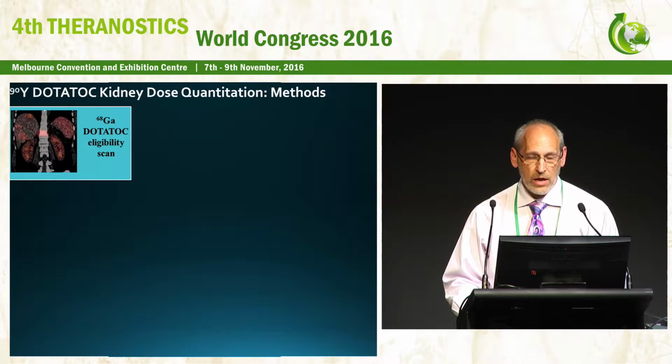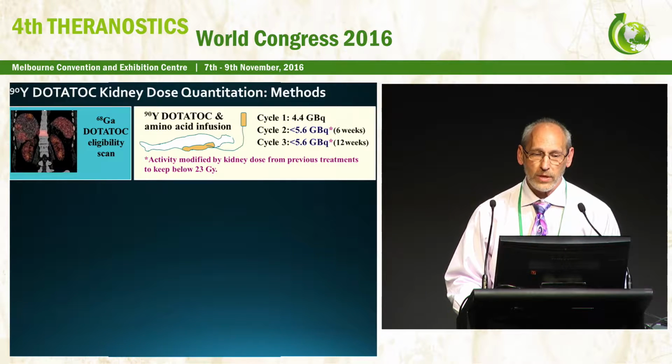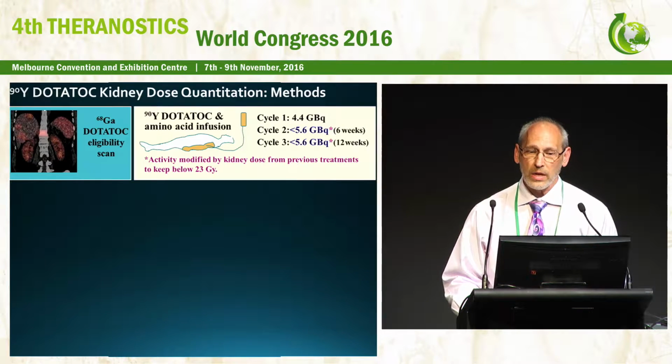Here are our methods. This is how we functionally went through our kidney dose estimation. First, we had to do the eligibility scan. We had to make sure that the patients had tumors that were adequately somatostatin receptor positive. Following that, we did the standard amino acid infusion, protect the kidneys. We injected, in virtually all cases, a standard dose of 4.4 gigabecquerel on the first cycle.